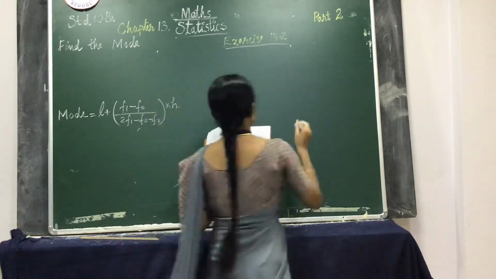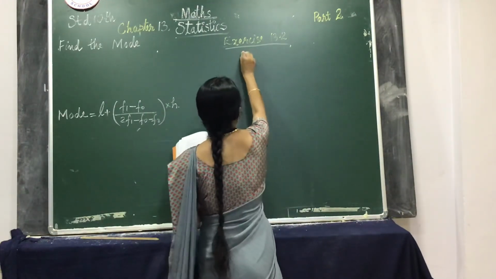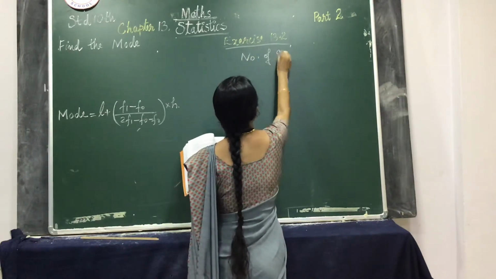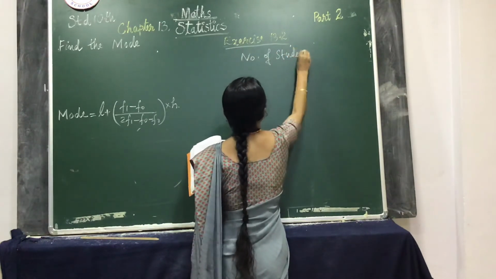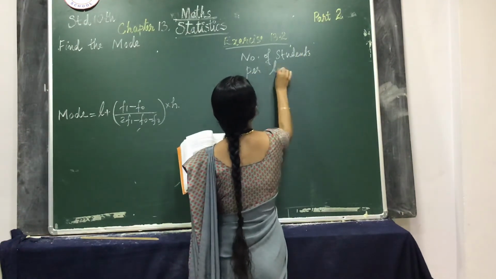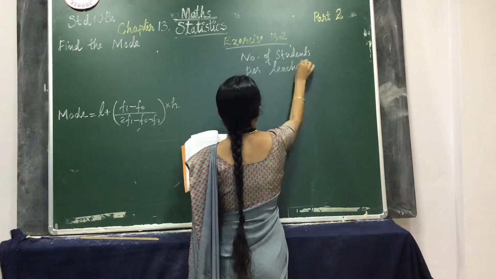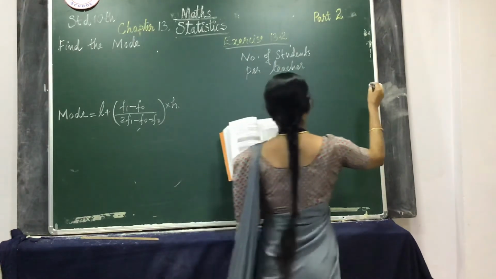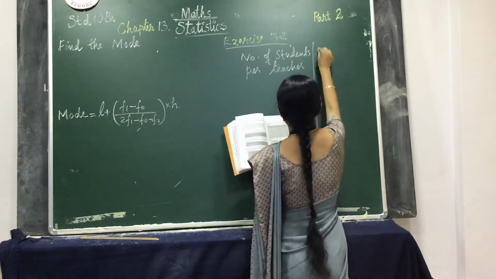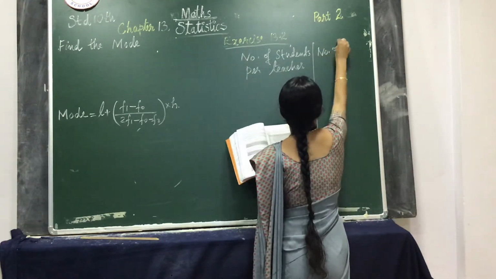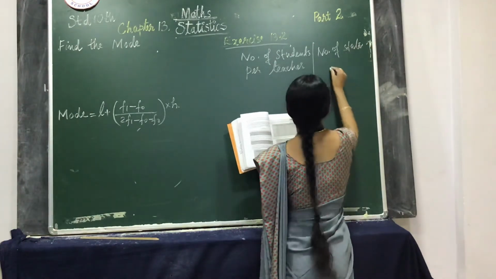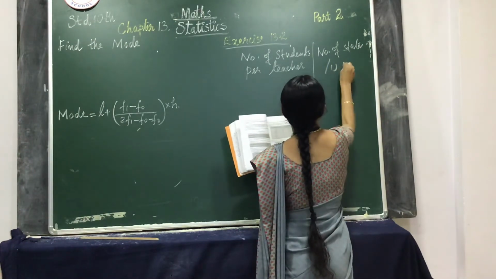The number of students per teacher, and the second one, number of states or union territories.